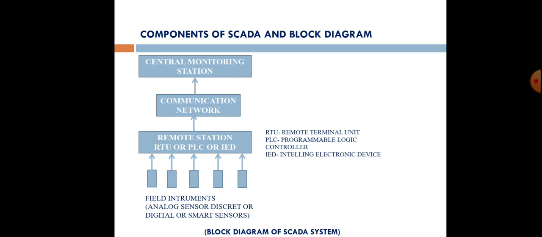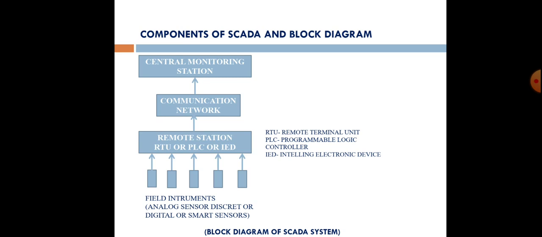Remote station accommodates a remote terminal unit, called RTU, or programmable logic controller, which is PLC. RTU converts the electrical signals such as valve closed or open, pressure or flow, voltage or current, etc. obtained from the equipment into digital signals.